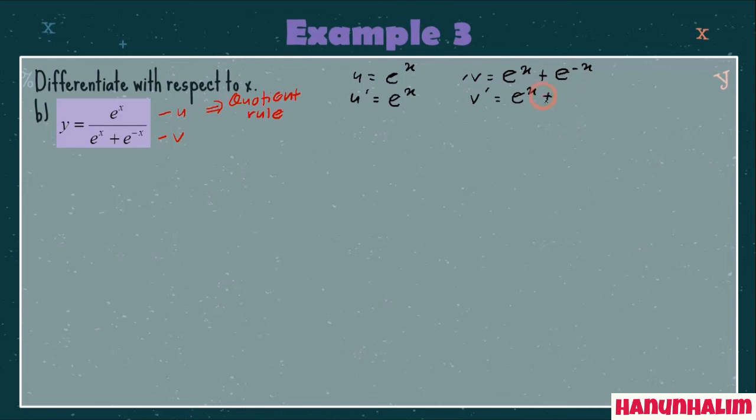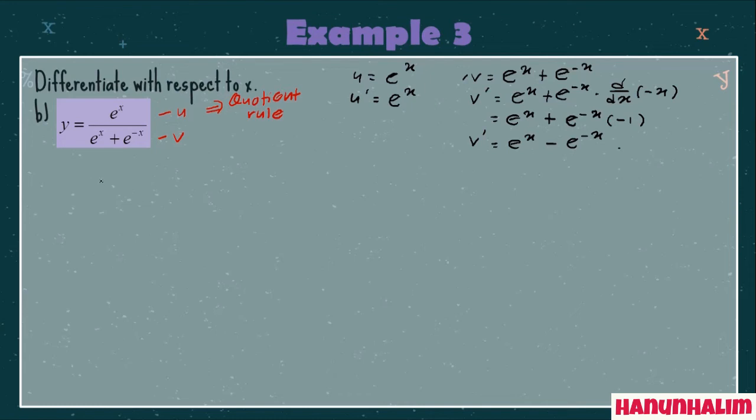Tapi kalau rasa tak yakin, buat dulu e to the power of negative x multiply with d/dx negatif x. So dia akan dapat e^x plus e to the power of negative x multiply with differentiate negative x dapat negatif 1. So simplify, kita akan dapat e to the power of x minus e to the power of negative x. Okay, so sekarang kita dah ada U prime dengan V prime.